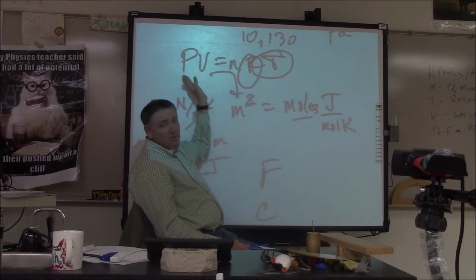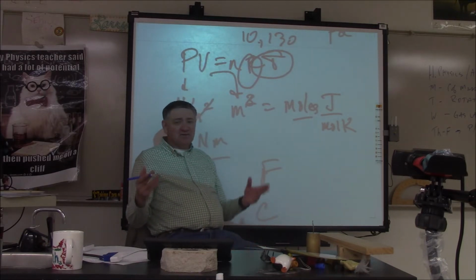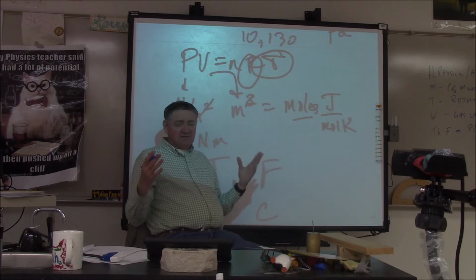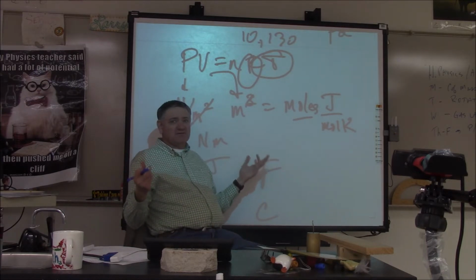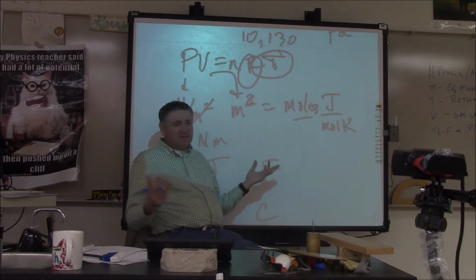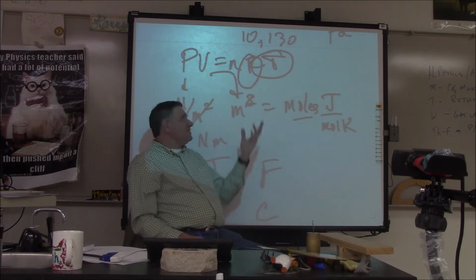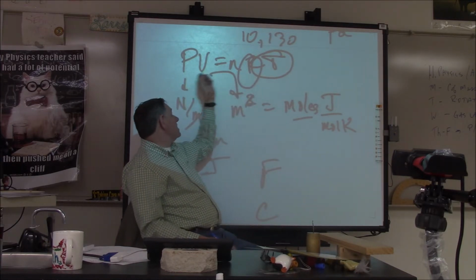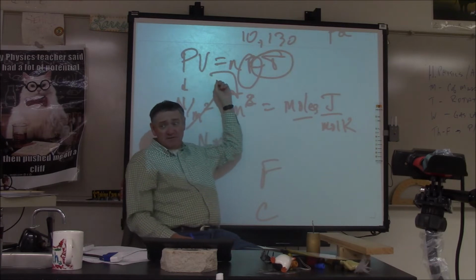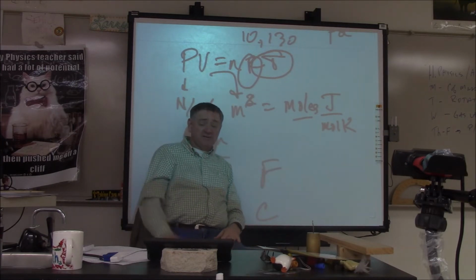Imagine you're driving along, your tires are inflated, and the temperature hits 0 degrees Celsius, otherwise known as freezing point. Then either your pressure or your volume is going to go to 0, so let's imagine the pressure goes to 0.